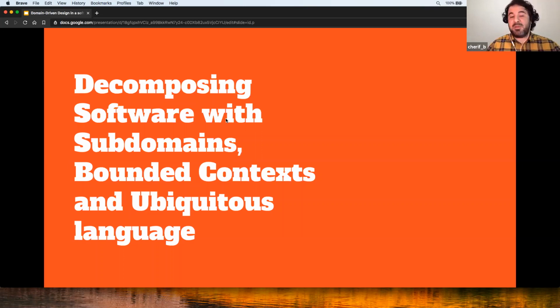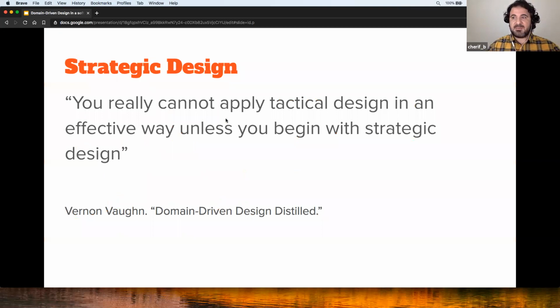Maybe it is complicated enough that we need to split it into several parts so we can work on it easily. As Vaughn Vernon said, you really cannot apply tactical design in an effective way unless you begin with strategic design. Strategic design helps us understand what the domain is that we are working on and how we can tackle it.